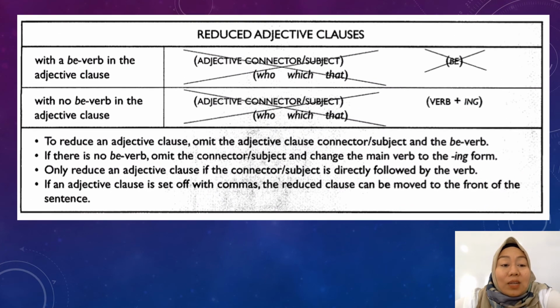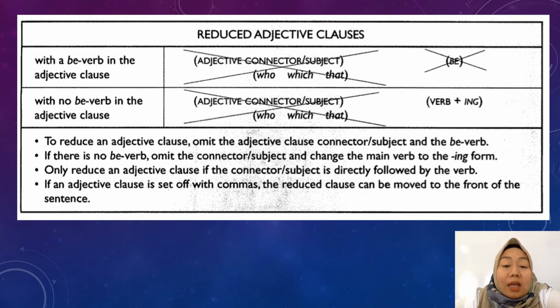Okay, let's take a look again at the table for reduced adjective clauses here to remind us. If we have an adjective clause with a be verb in it, then we can reduce the clause by omitting the connector and the be form.